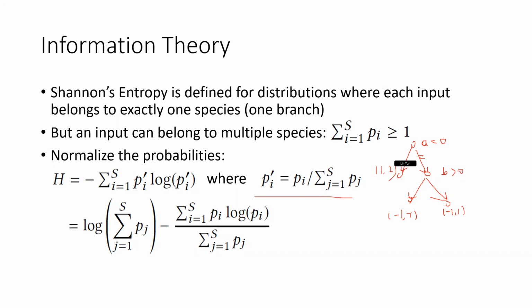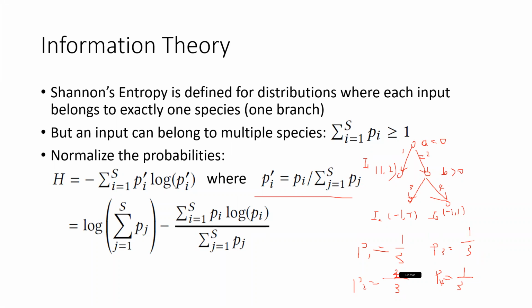So this is I1, I2 and I3, and this branch, let's say 1, 2, 3, 4. In this case, P1 is 1 over 3, P2 is 2 over 3, P3 is 1 over 3, and P4 is 1 over 3. Am I right?